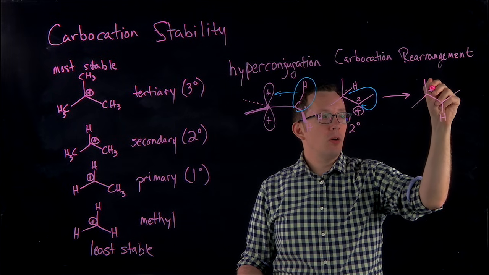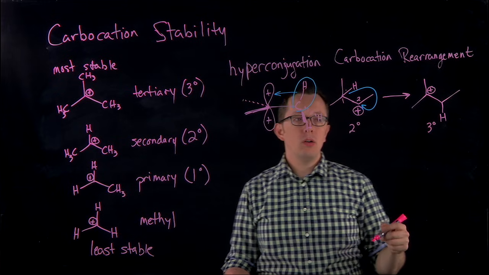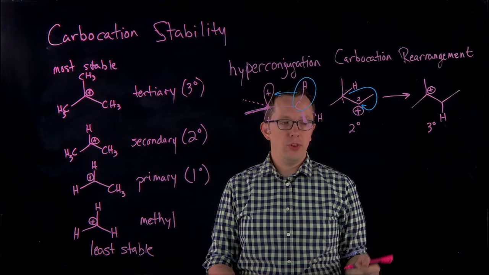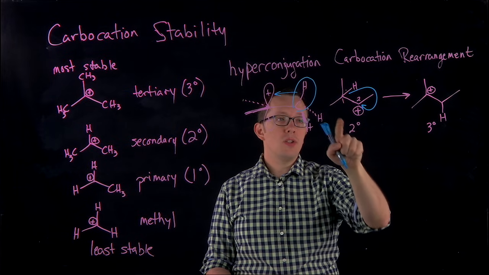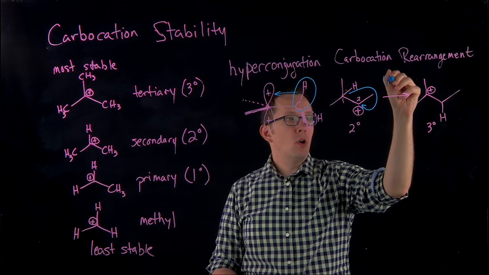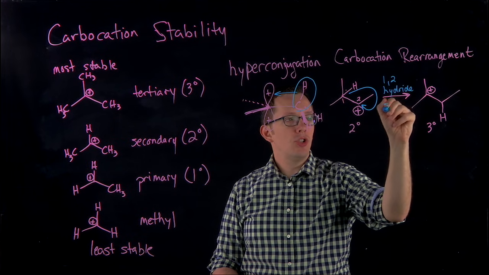And now we have a carbocation at a tertiary position. So overall, we've decreased the energy of the system, so this is a very favorable thing to do. Right? So this reaction where we move a hydride, we would call a 1,2 hydride shift.